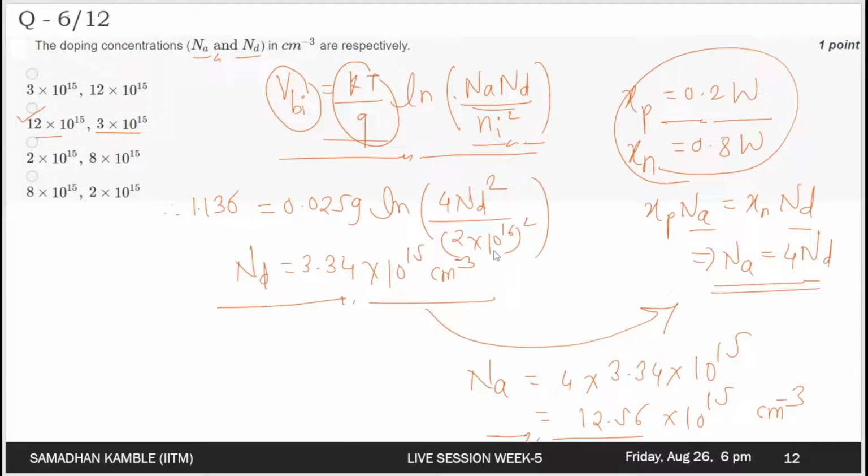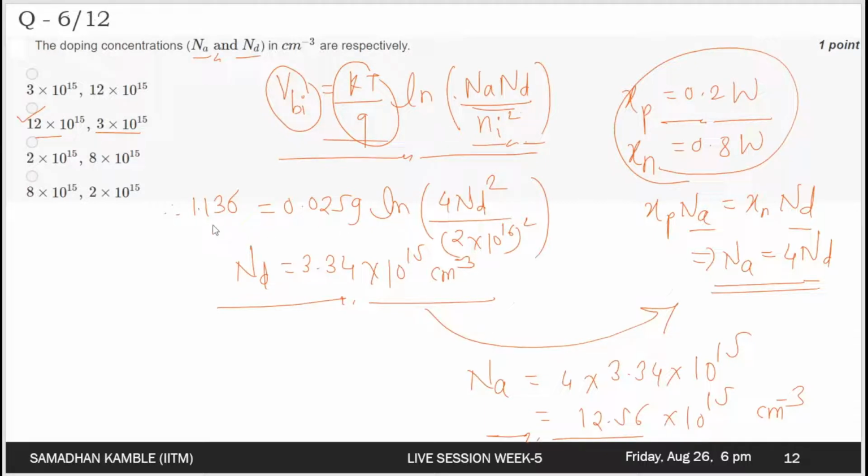So overall, 4 ND square by 4 into 10 power 32. For 1.118 into 10 power 9, 10 power minus 19 is equal to 4 into ND square by 4 into 10 power 32. Yes.